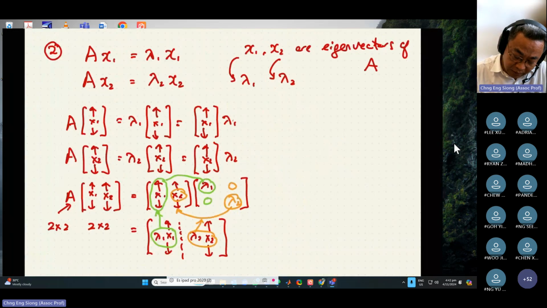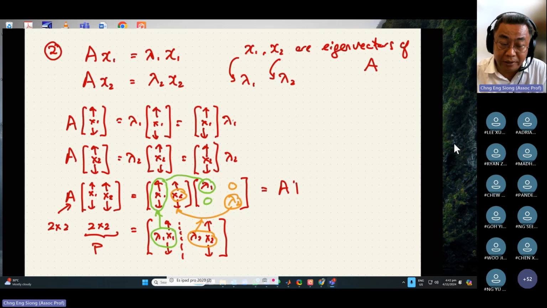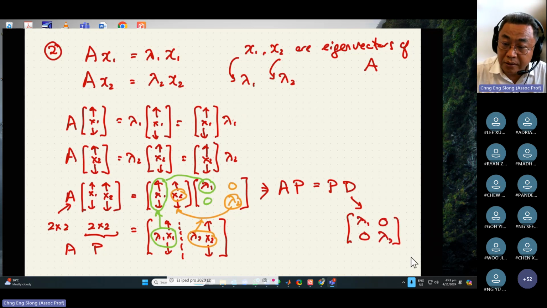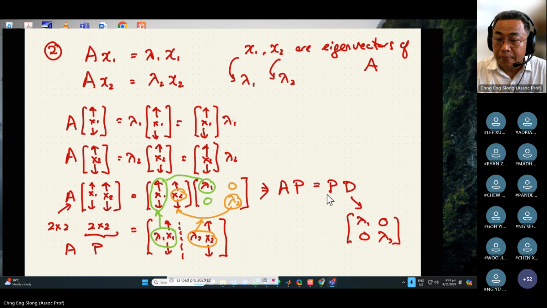No. Let us call this matrix P. P for eigenvectors. I don't know why. It is A times P. A times P is equal to P again, this is still the eigenvector matrix P, and D. What is D? D is the eigenvalues on the diagonal. So the 0 is the notation for diagonal. So what is P?